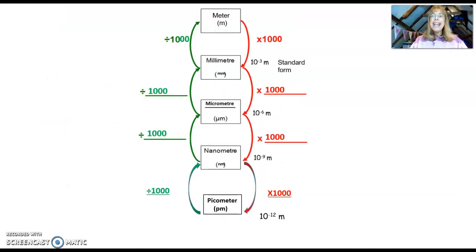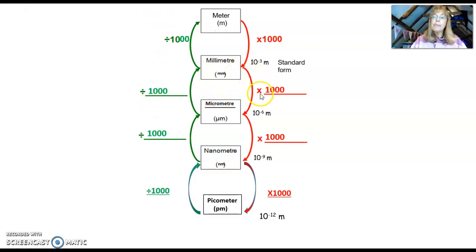Okay, now standard form from mathematics. You need to be able to make these conversions, because in biology we look at very small things that might be a nanometer big or even a picometer, 10 to the minus 12 of a meter. So I would memorize this. You know already that there are 1,000 millimeters in a meter.